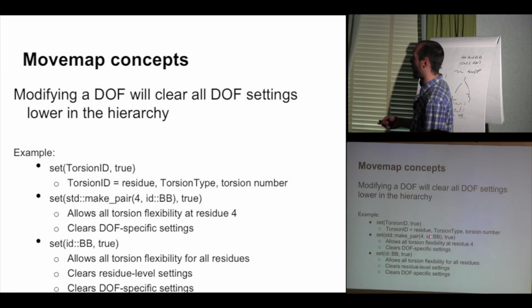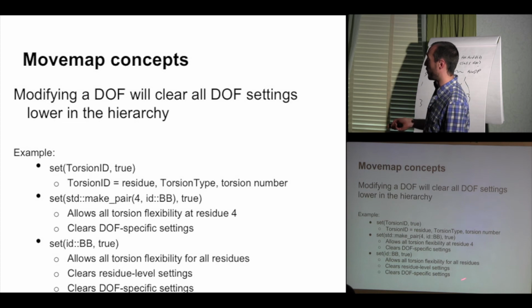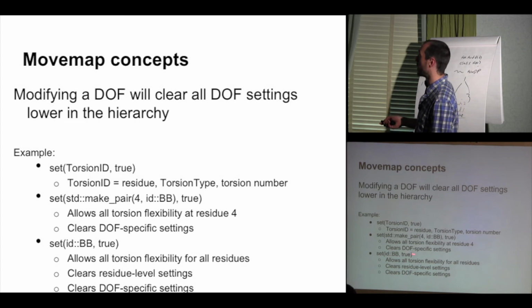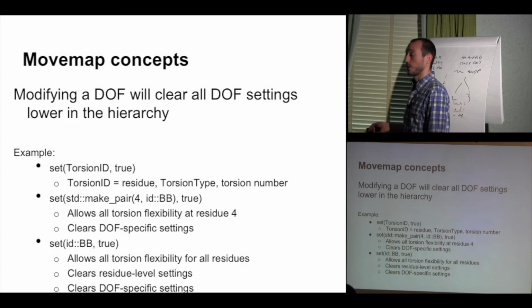We're going to say all the backbone torsions of residue 4 to be true. This allows all the torsions at residue 4 to be true, but clears our specific DOF settings. So if we had set the torsion ID 4 phi to be false here, it would be set to true. And then the most general level is at the entire pose level. You can set an entire torsion type, so let's say all backbone to be flexible. And this will clear residue level settings and degree of freedom specific settings.